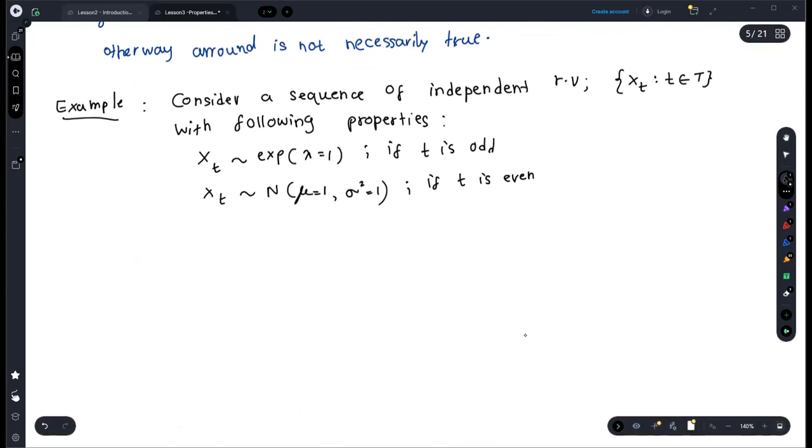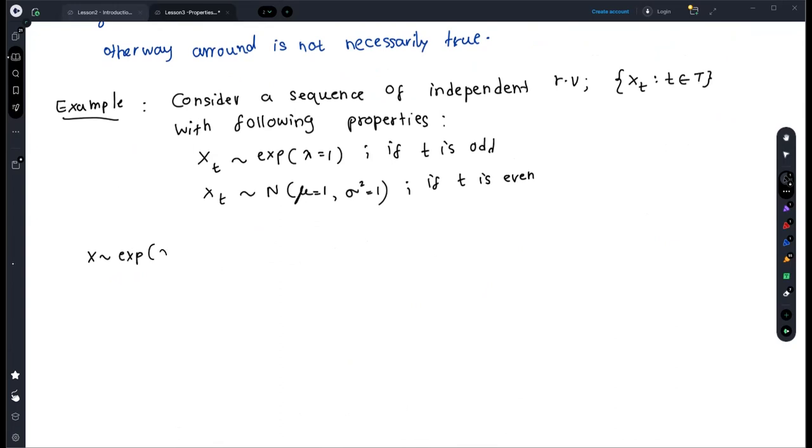So for odd and even cases, let's try to find the expected value. So if X is exponential with lambda 1, what is the PDF? Lambda e to the negative lambda x, otherwise 0. And what are the expected values and the variances of X for this situation?